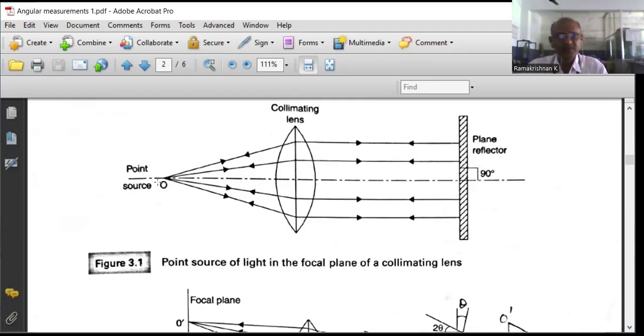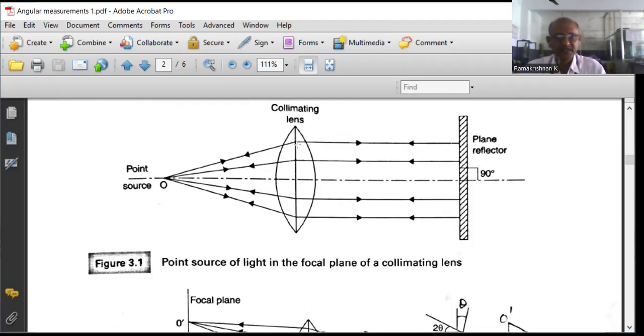Here, a point source is there. From the point source, light is projected, and the point source of light is placed at the focal length of the collimating lens. So the distance between O and the collimating lens is the focal length of the collimating lens.